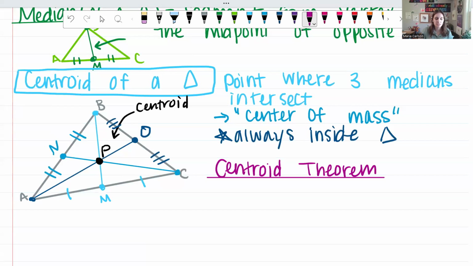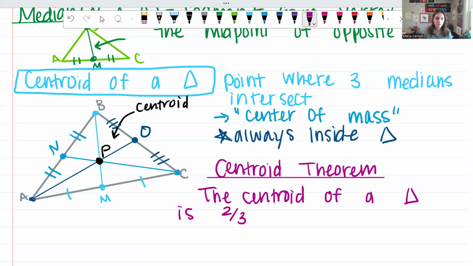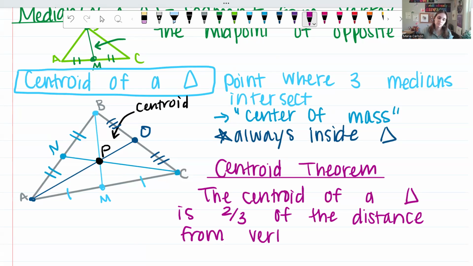The centroid theorem states that the centroid of a triangle is 2/3 of the distance from a vertex to the midpoint of the opposite side.